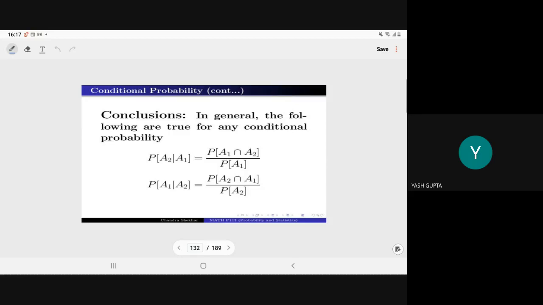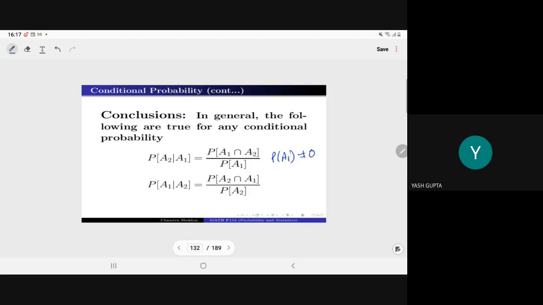In general, the following are true for any conditional probability. The probability of A2 given A1 can be written as the probability of A1 intersection A2 divided by the probability of A1, provided P of A1 is not equal to 0.